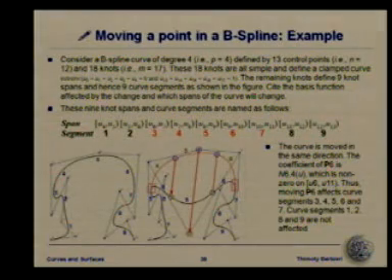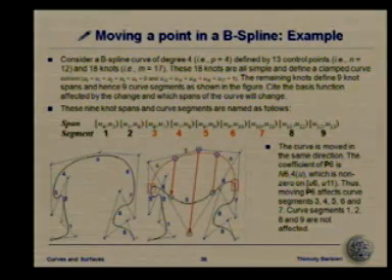It means that my curve will change from U6 here to U6 plus p, p is 4 because I have a degree 4 curve, plus 1. So until U11, so here, U11. It means that which are the portions of the curve that will change? Portions number 3, 4, 5, 6, and 7 will be affected by the movement of the control point.